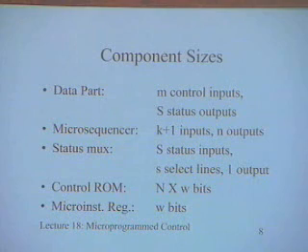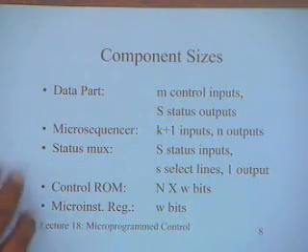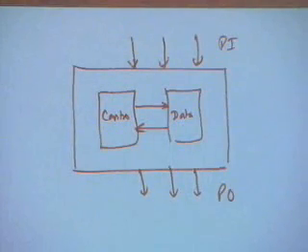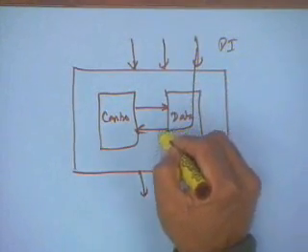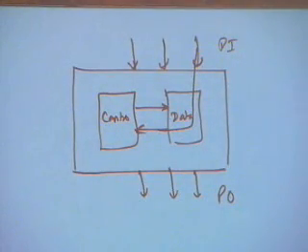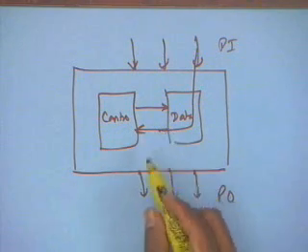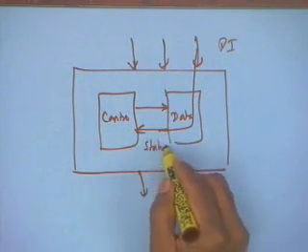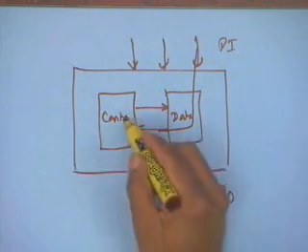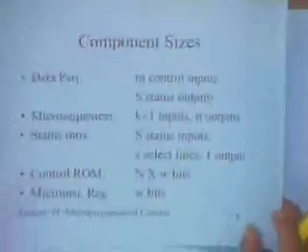Because such a signal is controlling the flow, it is actually also a status signal. So the implication is that a signal like this, which is a primary input, will be part of the status that goes into the control part from the data part. So this will also contribute to S, the status signals.